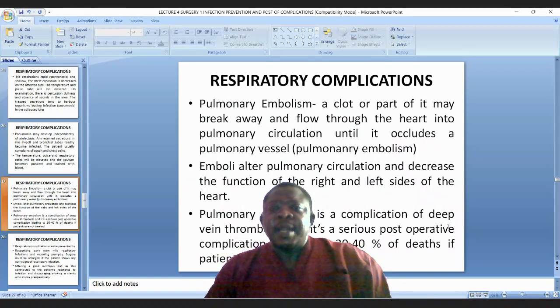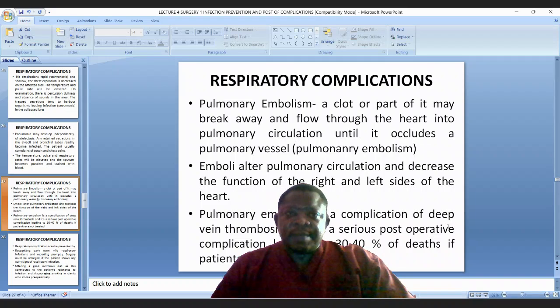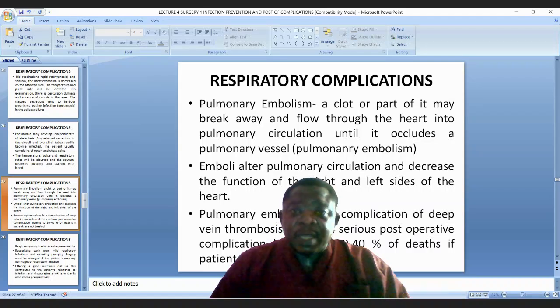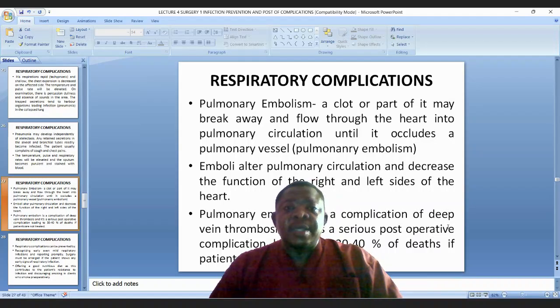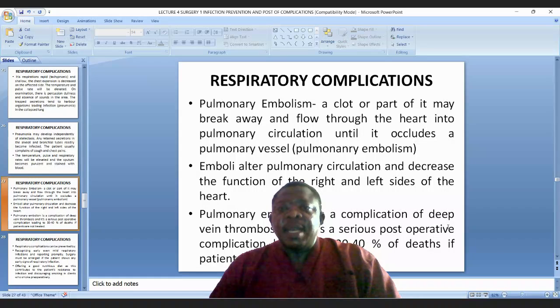Pulmonary embolism is also one of the complications that we see within the respiratory tract. A clot or part of it may break away and flow through the heart into the pulmonary circulation until it occludes a pulmonary vessel. This then causes what we are calling pulmonary embolism.